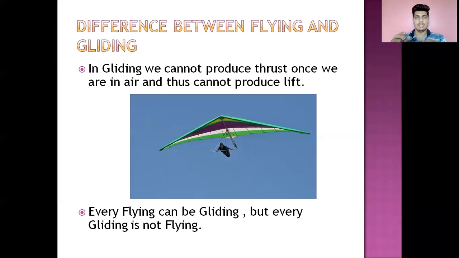Their designs are made so that if we put the engines off, they can glide through air, but only for some time, not for longer periods, and their aerodynamics are designed for this purpose, so that they can glide themselves with minimum drag. But every gliding is not flying, and the reason for that is we cannot generate thrust.